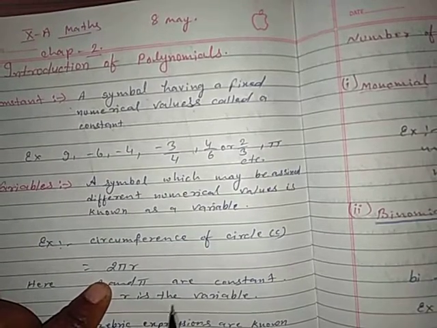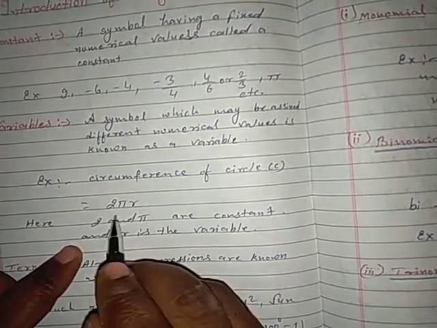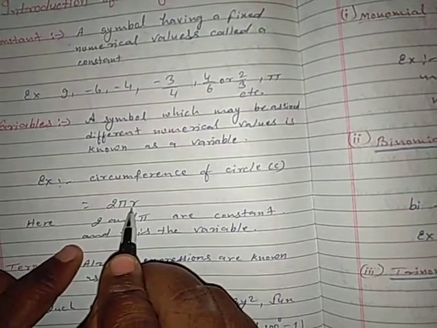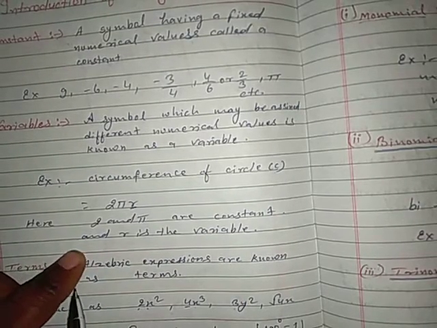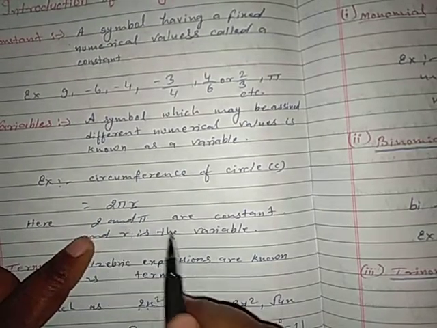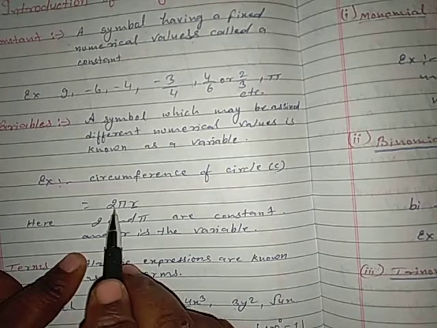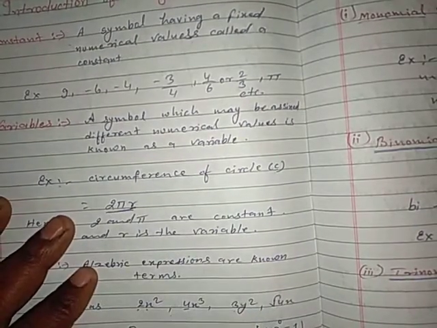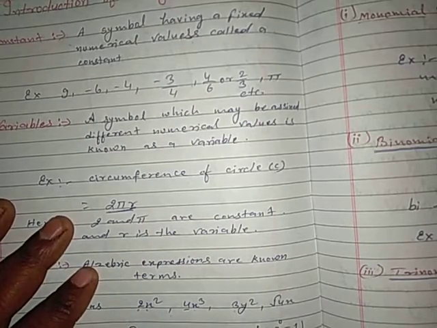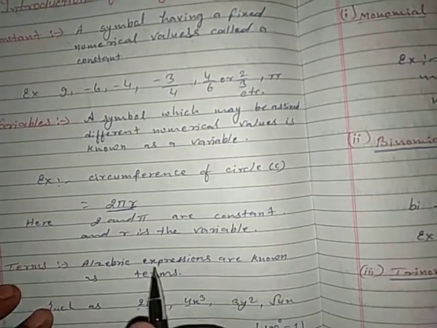Here r is the variable. 2 and pi are the constants. This example is an example of variables.